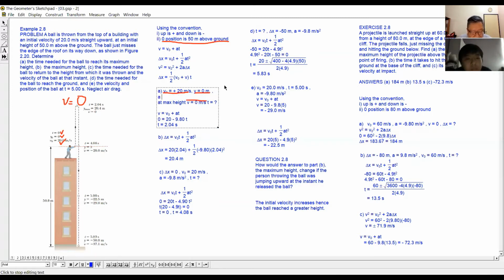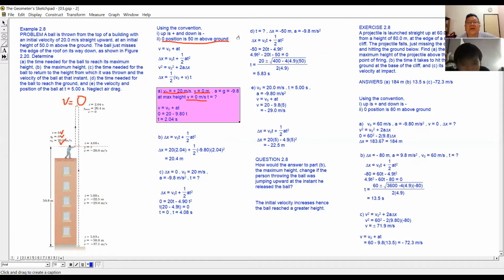The a equals g equals negative 9.8. So these are the things that we know, right? We know V naught, we know V, we know a, we don't know what t is.